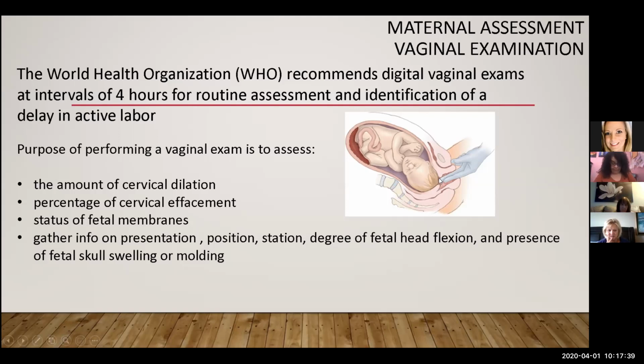I can move past that and feel the fetal head beyond it, but I know that there's a bag of membranes right here. Or they're ruptured. Sometimes with a contraction, I can feel that surge of amniotic fluid pouring over my fingers. I can tell that she's ruptured by that sensation as well.